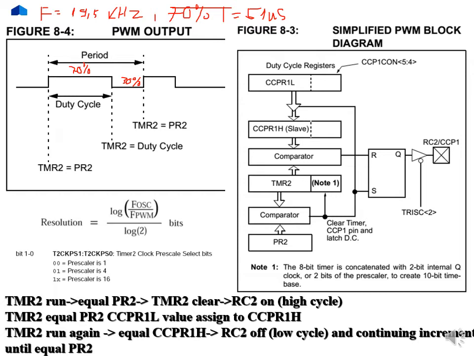To generate a period of 51 microseconds, how much do we have to give to PR2? Because PR2 is compared with timer 2, right? For example, the crystal of our PIC is 20 megahertz.